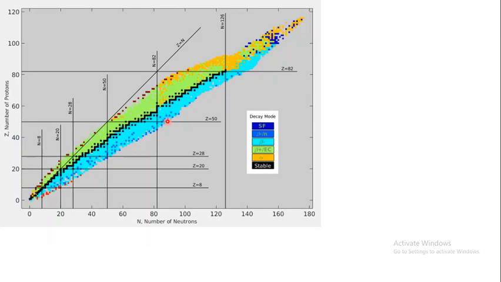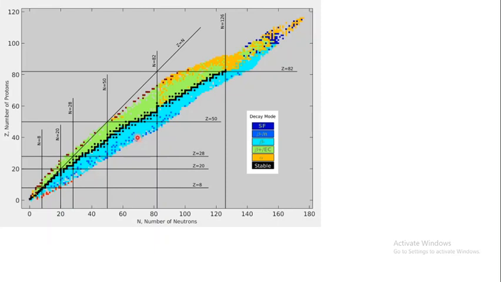So due to this reason, it is well explained that if a nuclide is rich in proton number, it will always try to reduce its proton number by disintegrating the protons. And if it is rich in neutron number, then it will definitely disintegrate the neutrons to reduce its neutron number to get the stable position.